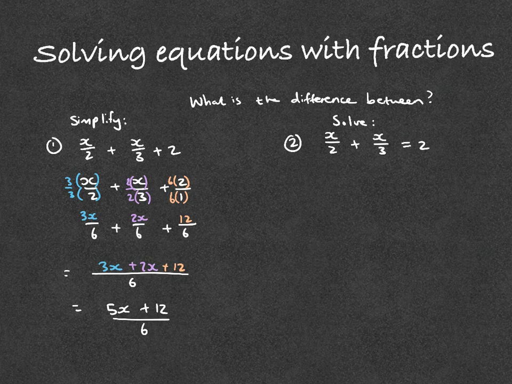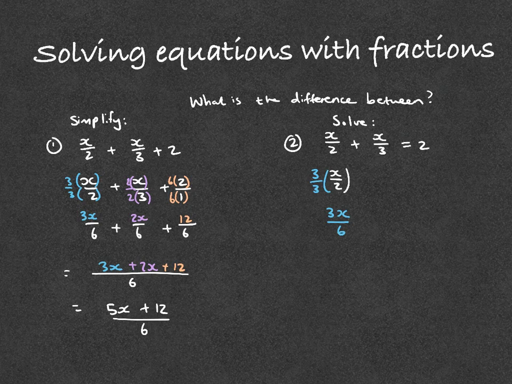Okay, so let's look at question 2 on the right hand side there. So x over 2 plus x over 3 is equal to 2. We're going to do the same thing. We want all those denominators to be the same. So again, the first part, we're going to multiply x over 2 by 3 over 3. Why? Because then we're going to get 3x over 6.